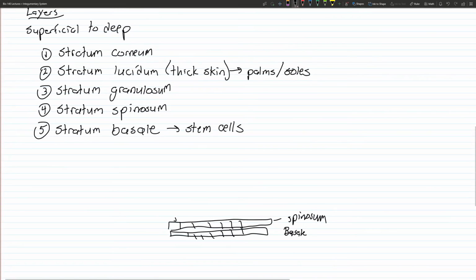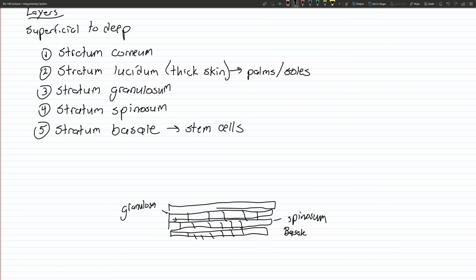Okay, above this, you have granulosa. And then here you have corneum. Okay. Now you know right here that this is thin skin, because I do not have a lucidum.